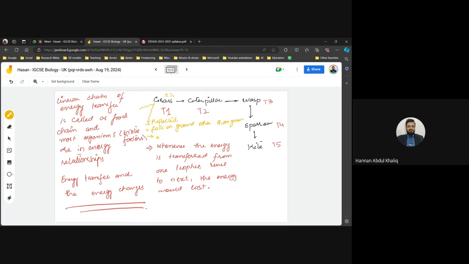Much energy falls on water bodies. So overall, the energy that is falling on the plant from the sun is basically not used. Instead, it would be reflected or lost.